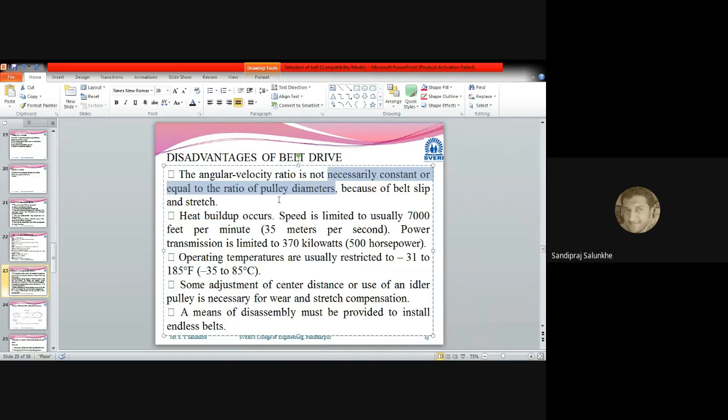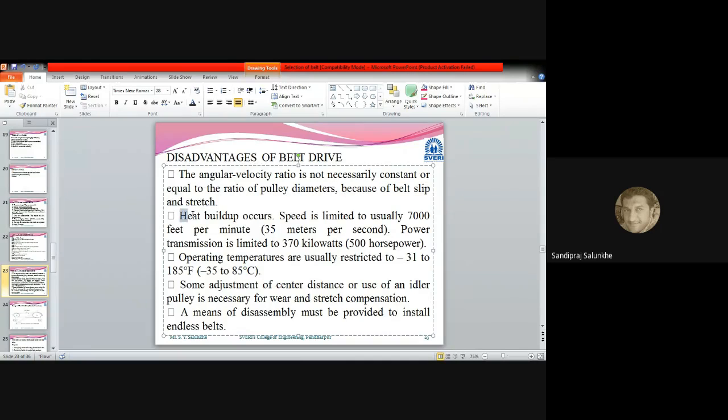And that velocity ratio does not remain constant throughout the application because of the slip which occurs in the belt. That disadvantage doesn't happen in chain drive as well as gear drive. Whatever angular velocity ratio we have designed will remain constant for chain and gear drive.